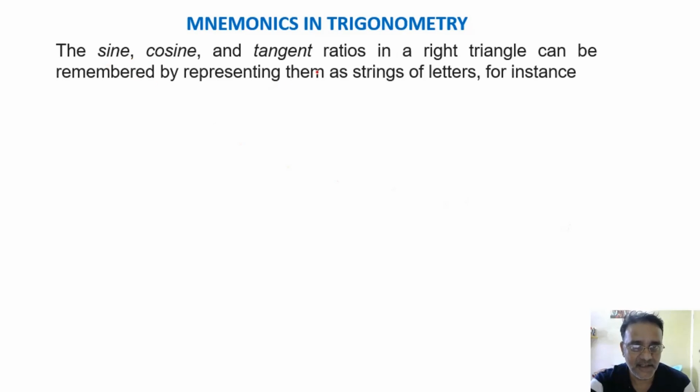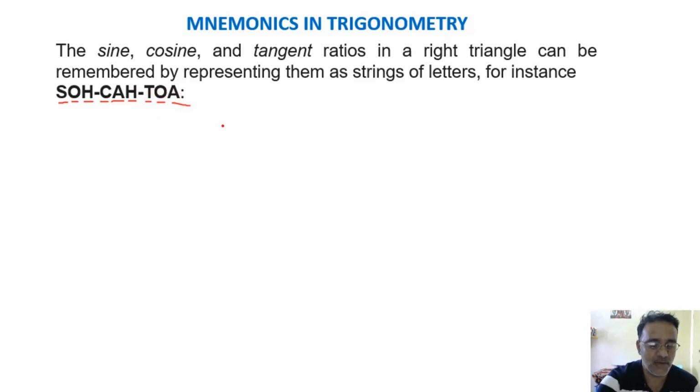In this one, I have given a very good mnemonic. Sine, cosine and tangent ratios in a right triangle can be remembered by representing them as strings of letters. For instance, see SOHCAHTOA. SOH, CAH and TOA. So how will you read? Sine is equal to opposite upon hypotenuse, cosine is equal to adjacent upon hypotenuse, and tangent is equal to opposite upon adjacent.